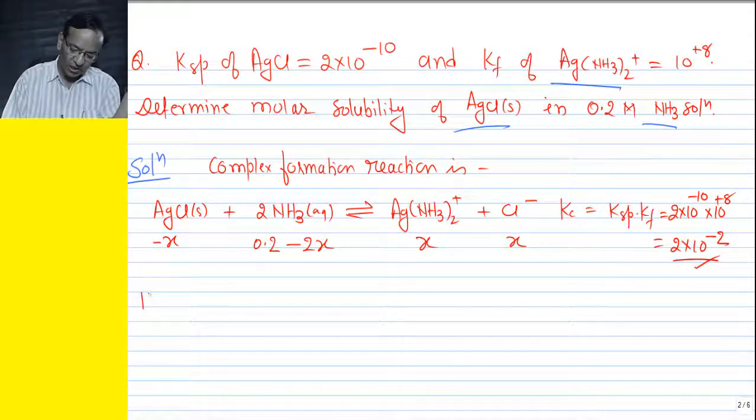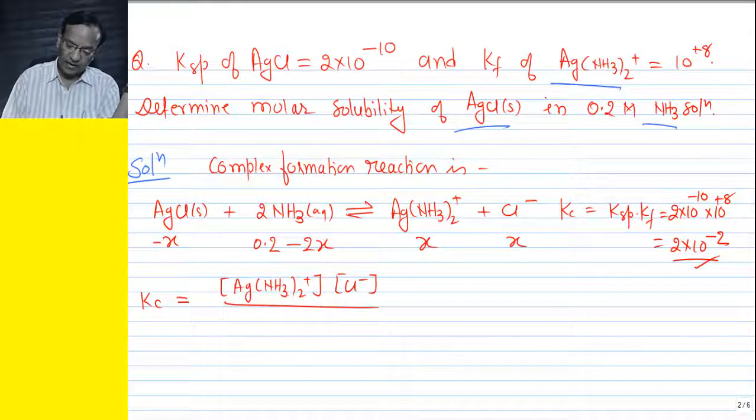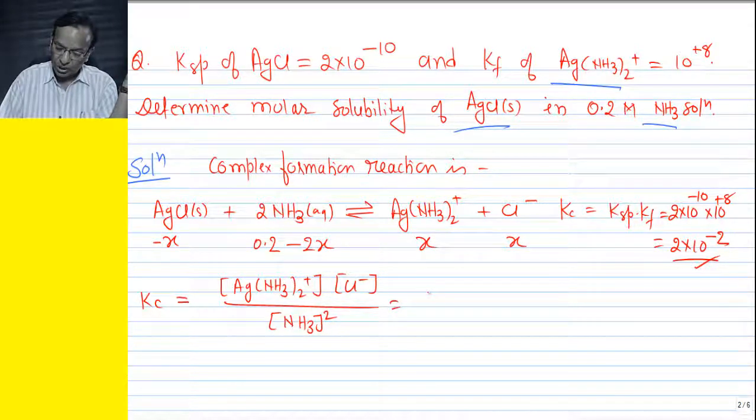So the expression for Kc will be the concentration of Ag(NH3)2 plus times the concentration of chloride ion divided by the concentration of ammonia raised to the power 2, which is now x, both are x, so x square.